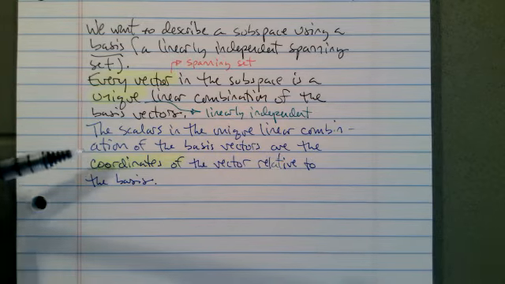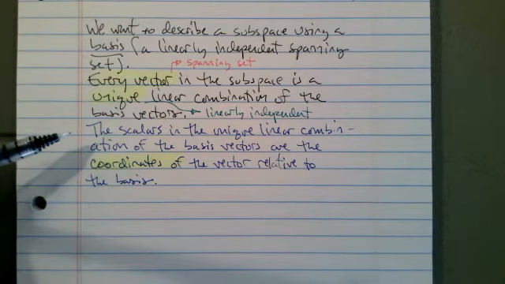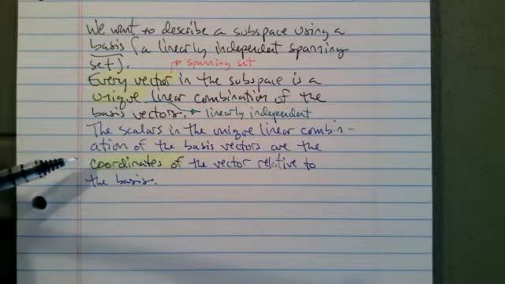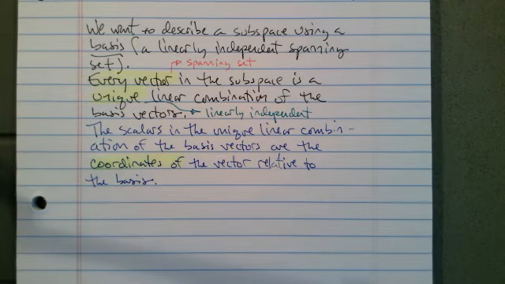And moreover, the scalars that we use in the unique linear combination of the basis vectors are called the coordinates of the vector relative to the basis. So that's where we're at right now. We want to be able to write everything in the subspace as a unique linear combination of some basis vectors. That is, we want to be able to write the coordinates.